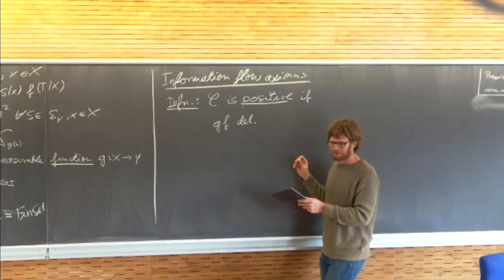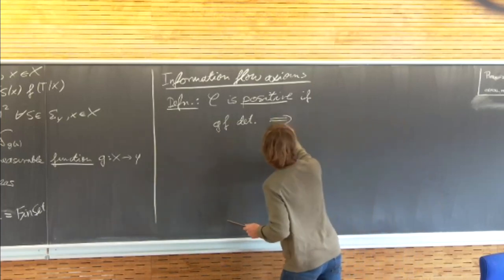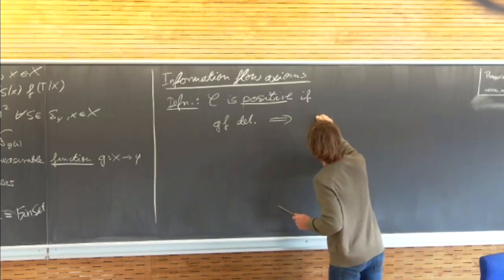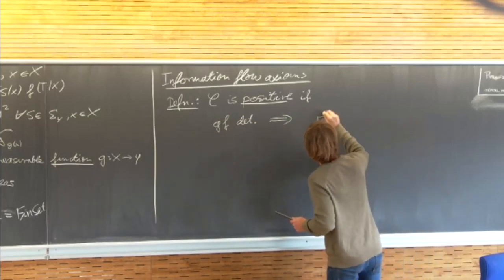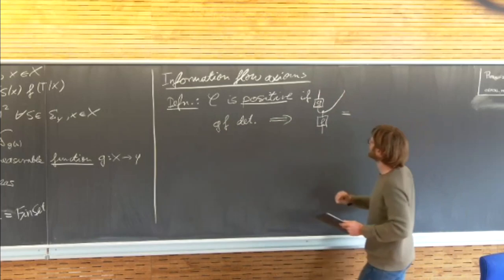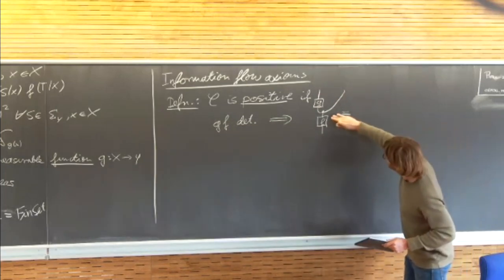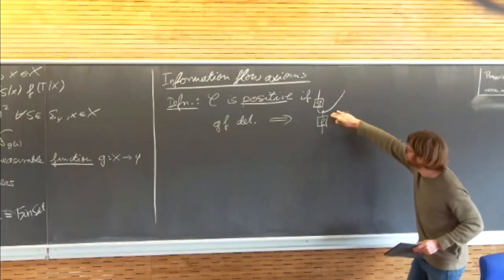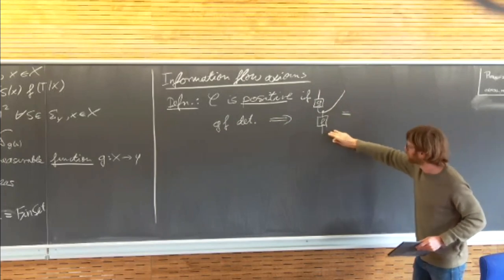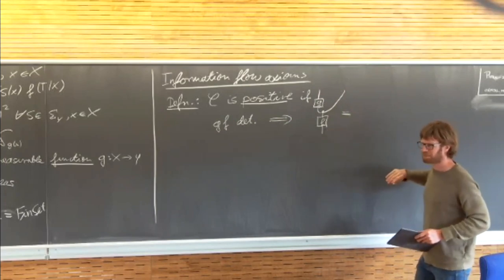then another equation follows, and this equation looks like this. If you have this kind of situation, then you can pull the F through the copy, even though we're not assuming F to be deterministic.